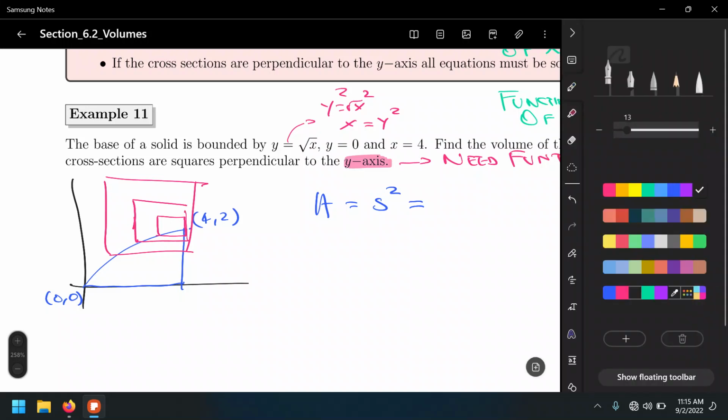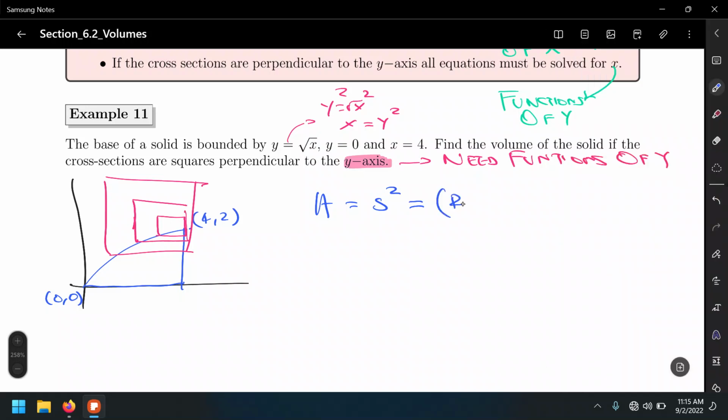Rightmost minus leftmost, quantity squared. We need to define from the picture which function is the rightmost and which is the leftmost. So 4 is the rightmost, and the leftmost is y squared. So, 4 minus y squared, quantity squared, that's the length of the side.